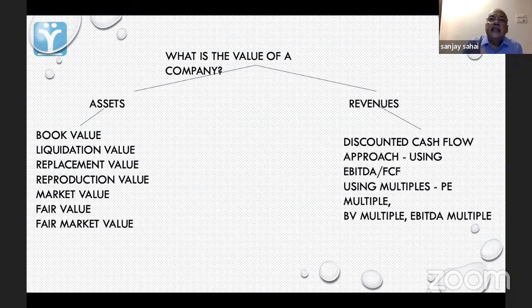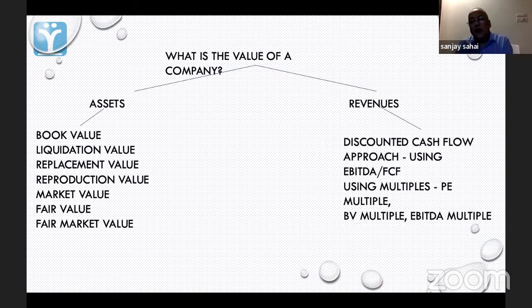So the challenge here is to project the future cash flows correctly and to use the correct discount rate. If you can do these things, the same sort of calculation that we did in the case of the bond, if you do it for a company with a few additional steps, you will end up with the price of the company based on its future cash flows.